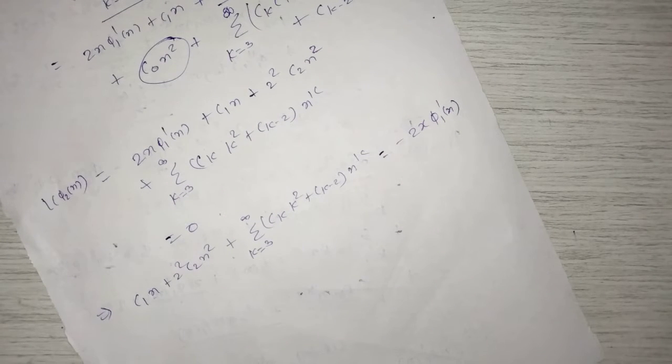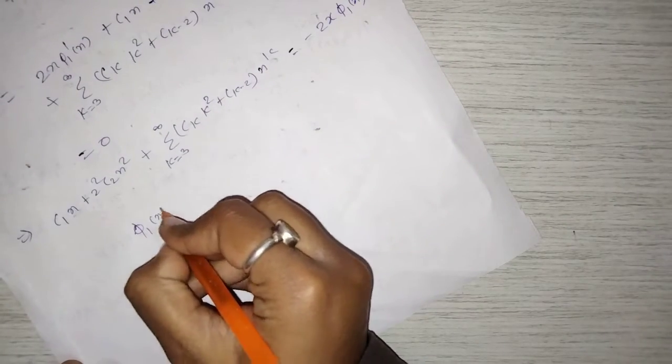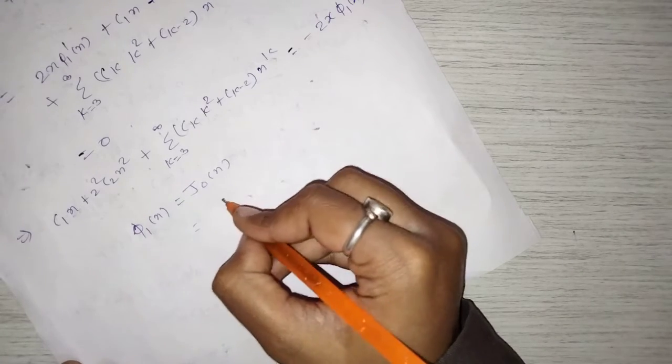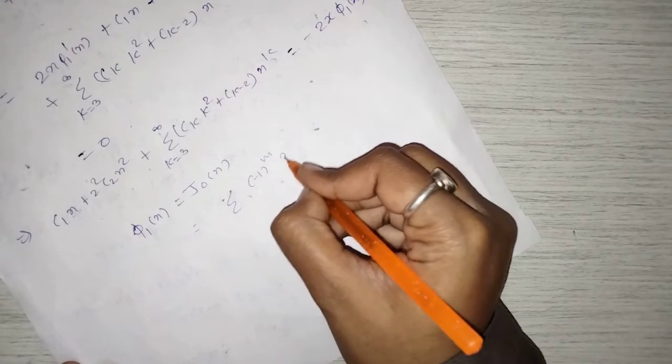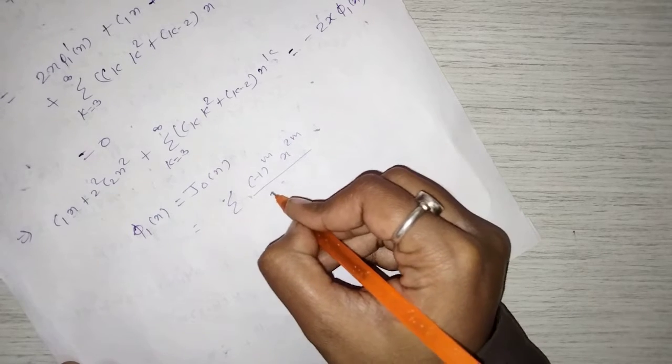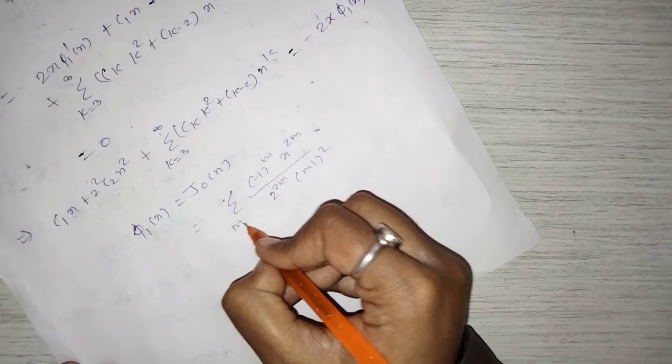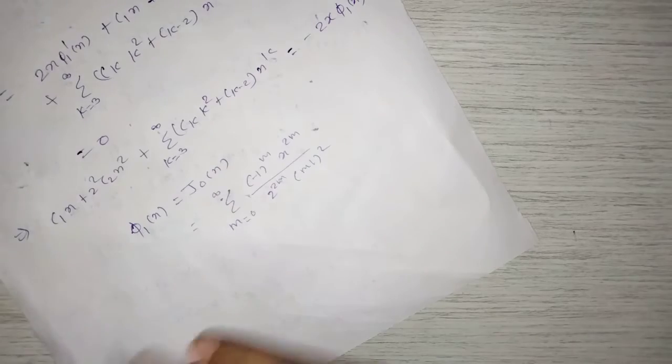Now we have phi 1 of x equal to j naught of x, and j naught of x equal to summation minus 1 raised to m x raised to 2m upon 2 raised to 2m m factorial bracket square, m running from 0 to infinity.